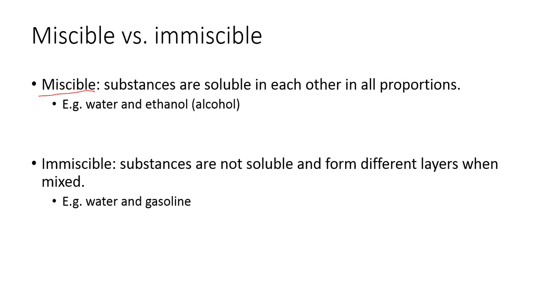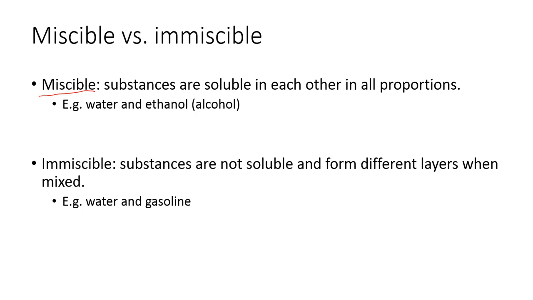For example, water and ethanol. If you mix the two, they are going to form a single layer. So in that case, you say these substances are soluble in each other in all proportions. Therefore, they are miscible.